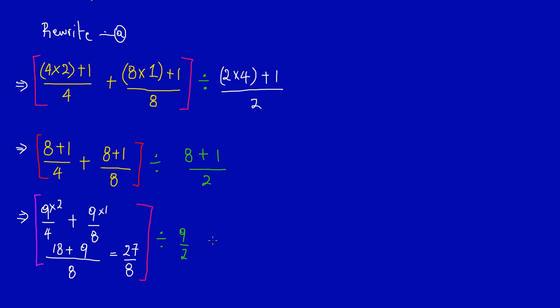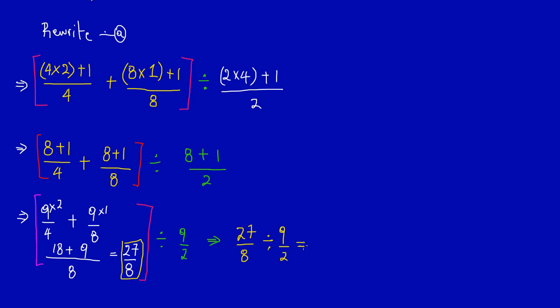So this implies that, let's change the color a bit, I'm taking my 27 over 8 and dividing that by what's left here, which is 9 over 2.